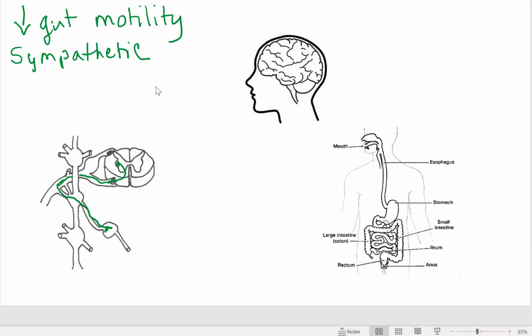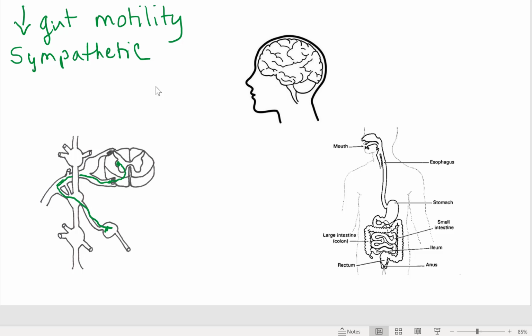Because we are going to structures below the diaphragm, we are going to use a collateral ganglion, also known as a prevertebral ganglion. And if we want to be more specific, it would be the celiac ganglion, superior mesenteric ganglion, or inferior mesenteric ganglion.